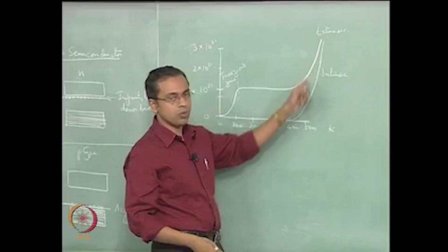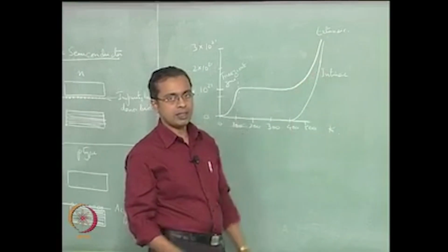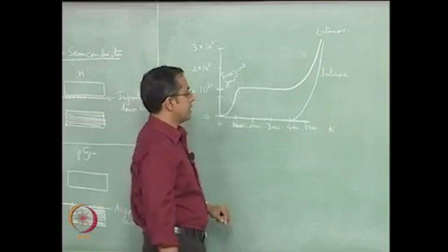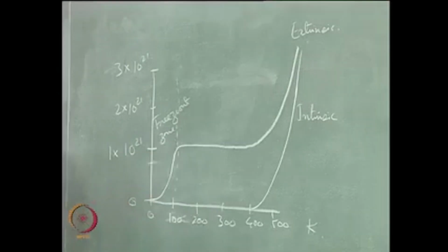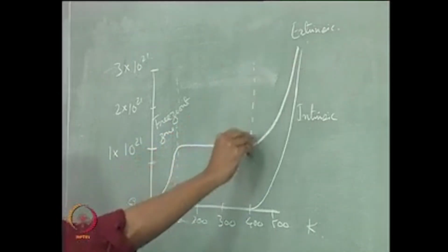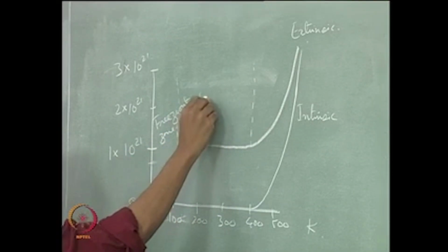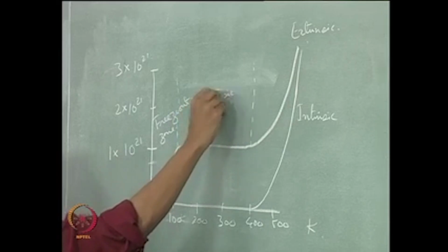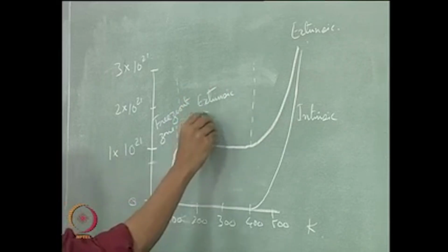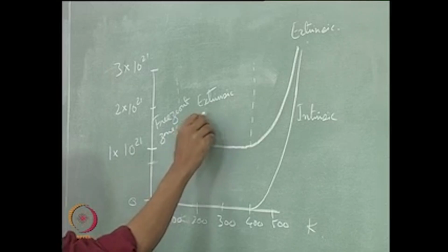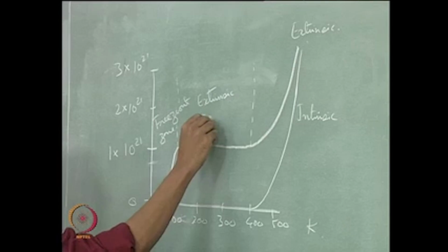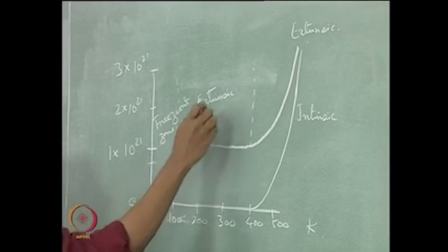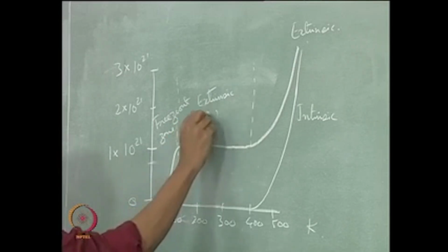So because you are putting more and more electrons into the conduction band. So in terms of an extrinsic semiconductor, this is called the freeze out zone. Up to this temperature it behaves like an extrinsic semiconductor. Extrinsic zone or extrinsic conduction or extrinsic behavior, okay.